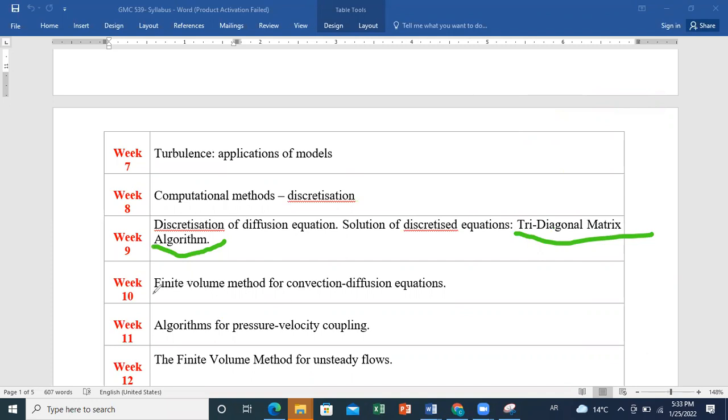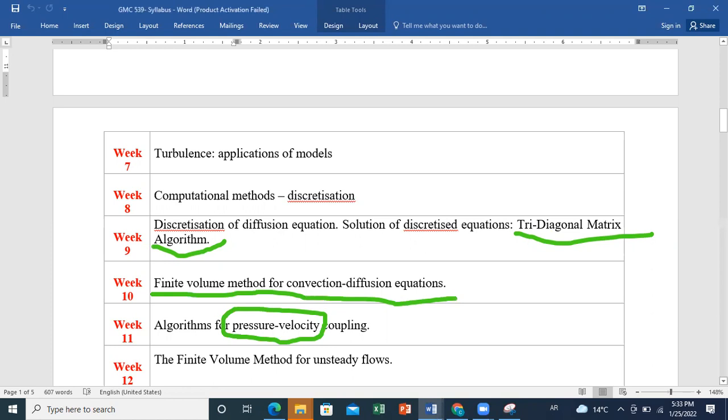So one of them is the finite volume method that will be introduced to solve convection diffusion equations. We'll also learn algorithms used to couple pressure and velocity. So we'll see together that pressure and velocity variables are dependent on each other. And we will learn some numerical algorithms that allow us to couple these variables.